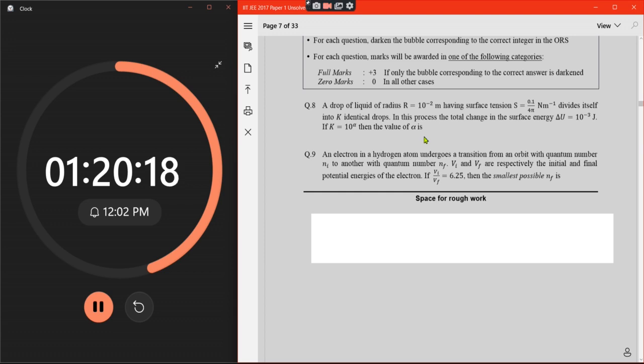Value of alpha is, I guess you can do this. So what do you get? R is just 1 upon k ki power 1 upon 3. Okay, just do this thing, right? Keep, k r square is just R cube upon small r, right? So you can just R squared times 1 minus R upon r.